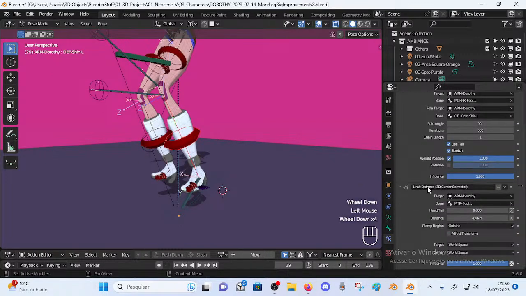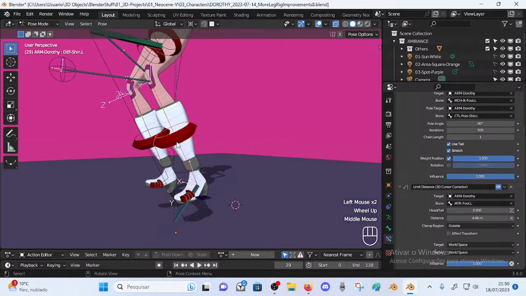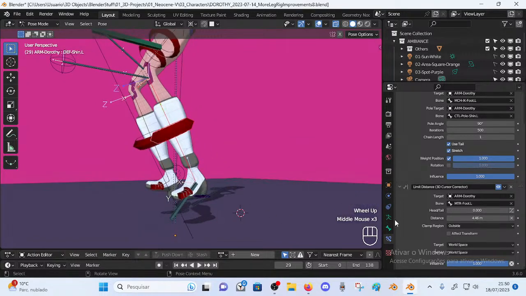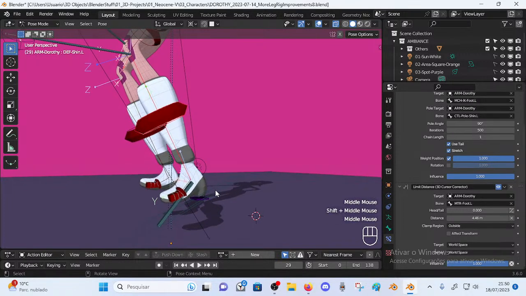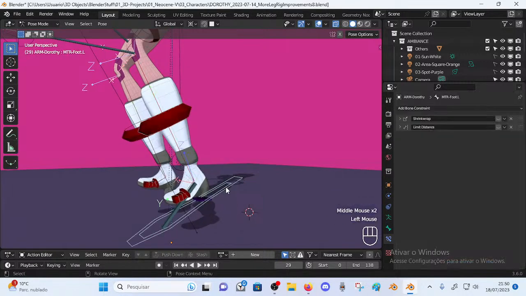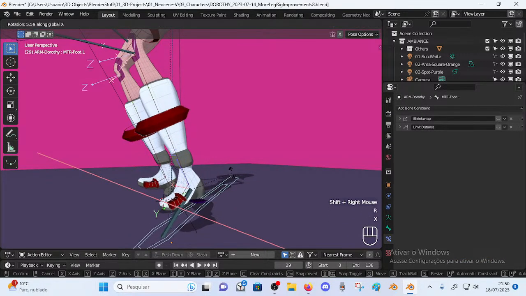So I created a limit distance in which the def shin bone was going to have an outside, so it will be pushed like a force field, pushed away from this bone as it rotates.